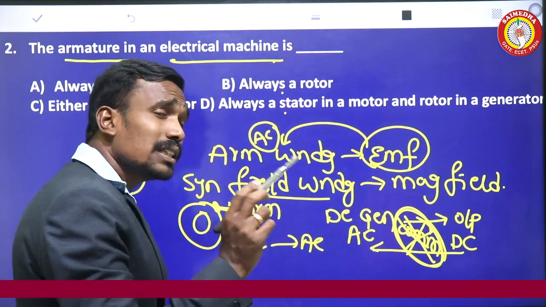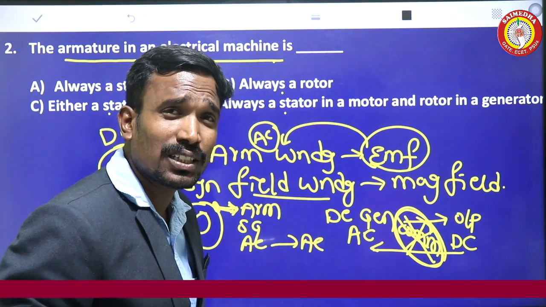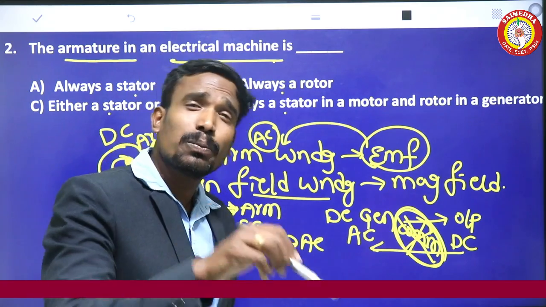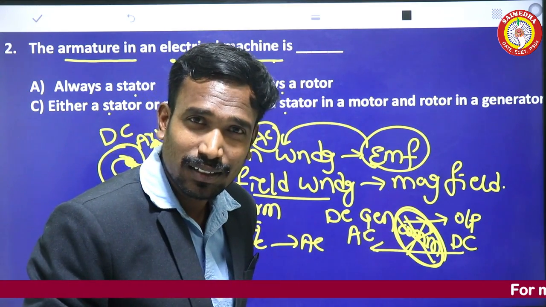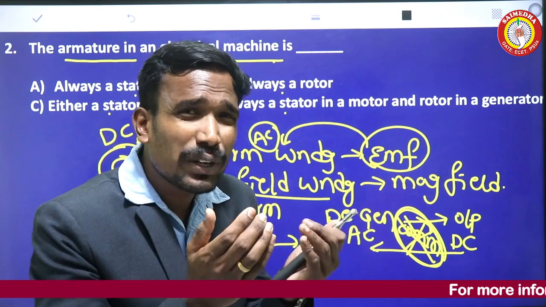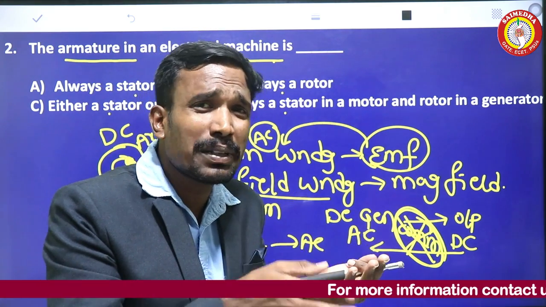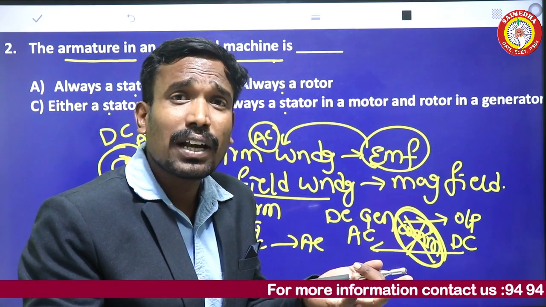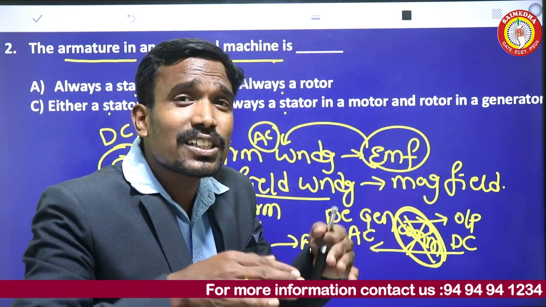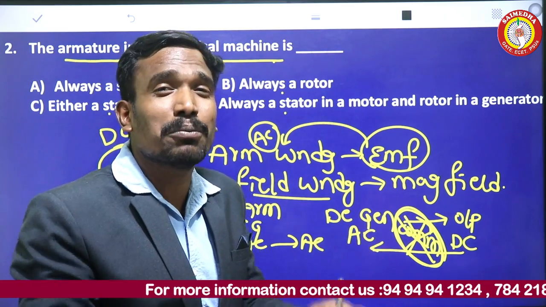Of course, in some low rating synchronous machines, the armature winding is also placed on the rotor. But for high rating machines, a stationary armature is more preferable.